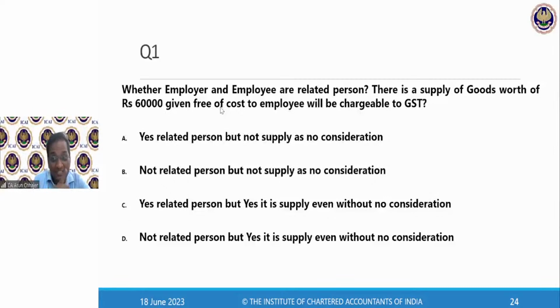And we have discussed just now, employer and employees are related parties. So therefore the right answer is C. They are related, and the goods have been given to the employee free of cost. So it will be without consideration.